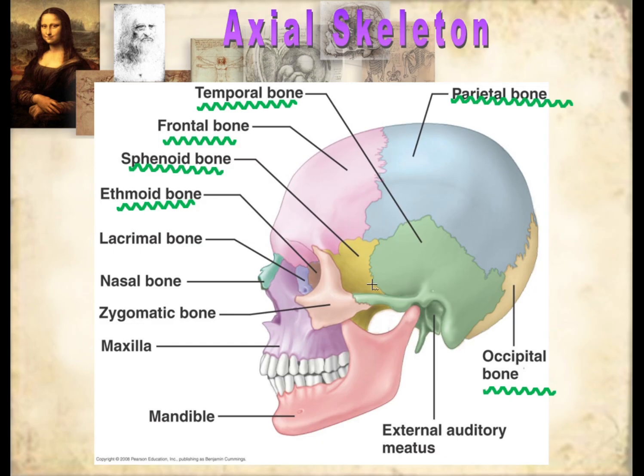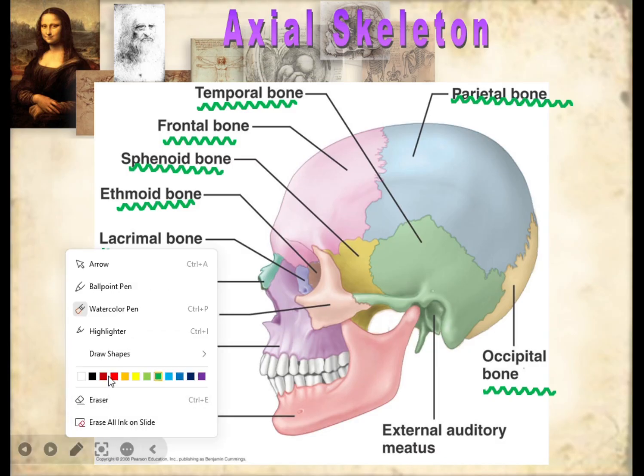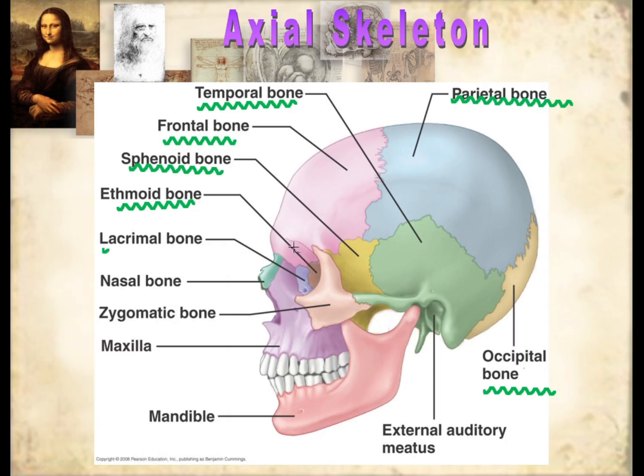Now the facial bones. Here we change the color. This is the lacrimal bone, and this is the nasal bone, then the zygomatic bone, then the maxilla, and then the mandible.